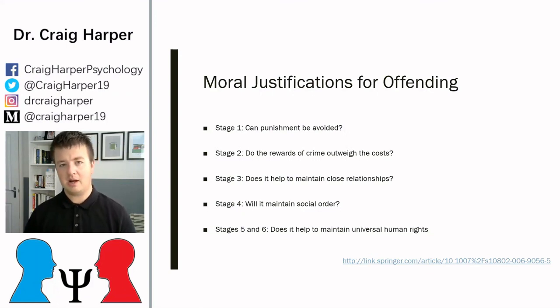But then as we get more into the post-conventional morality, you see things around, well, this was right because of X, Y, and Z reason that might be very individual to the person giving that justification. So that's what we see with the stages of morality, and the justifications for offending behaviour being, again, an indication of the level that somebody is in Kohlberg's stages of development.